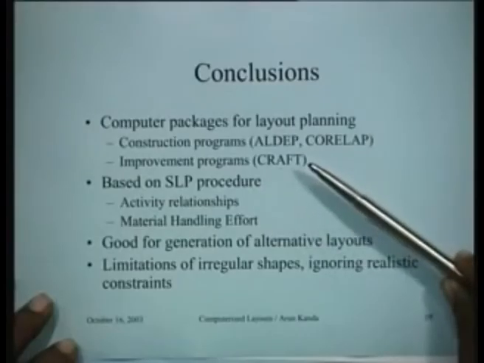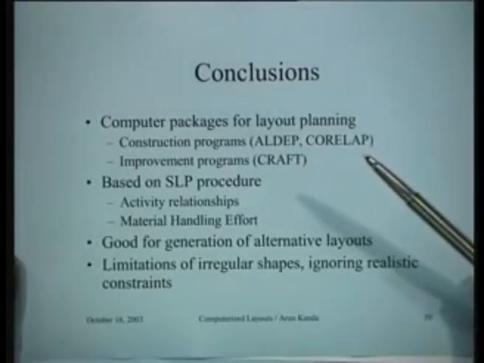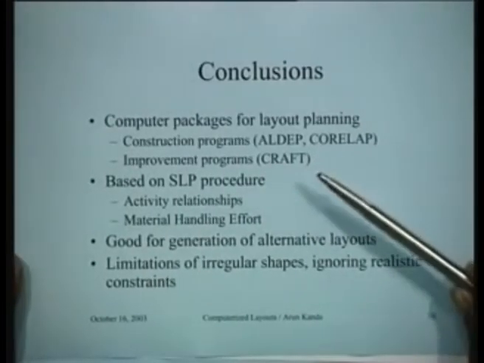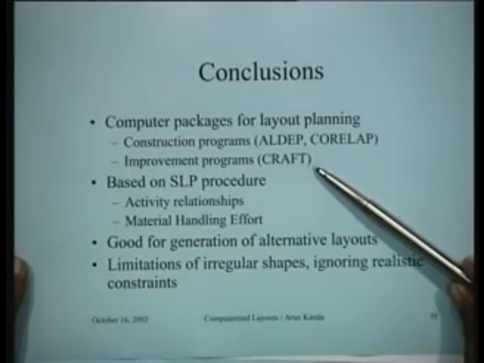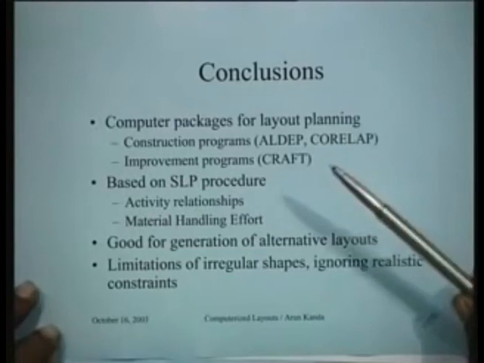You don't have to supply the initial layout. They generate the layout either through random procedures or by reference to the REL chart, as the case may be. And then we took an example of an improvement program in the form of Craft, which was basically designed to take an initial layout and try to improve it through the process of pairwise exchanges.